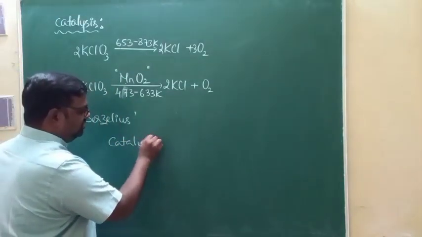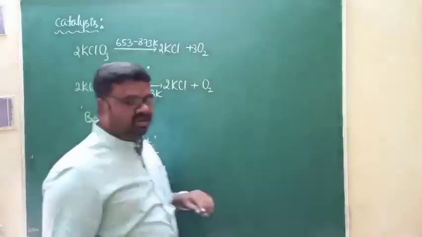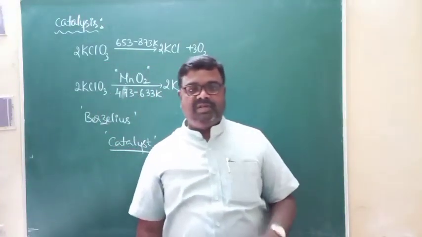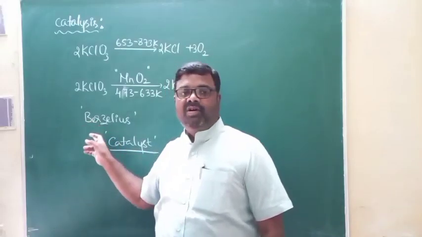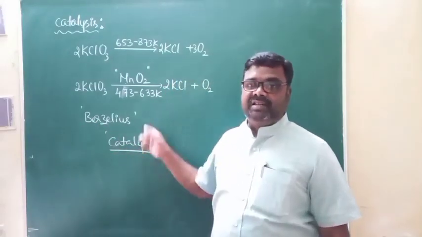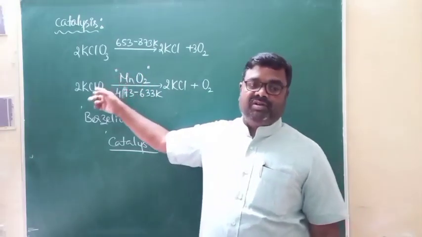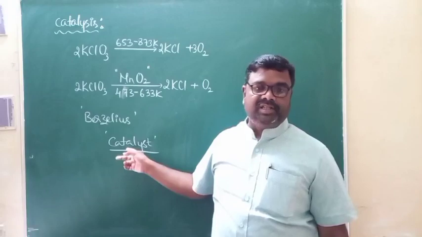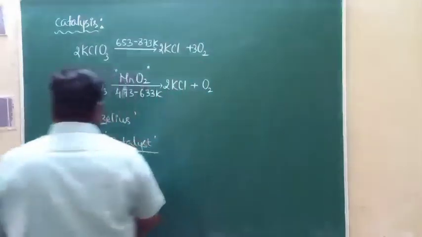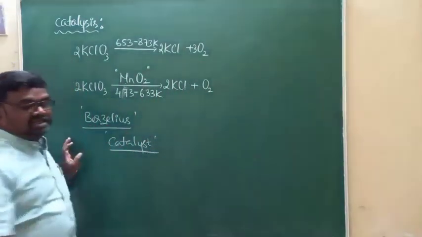The effect of foreign substances on rate of chemical reactions was first studied by Berzelius, and he called those substances, which accelerate the rate of conversion of reactants into products, catalysts. That is, the term catalyst was coined by Berzelius.